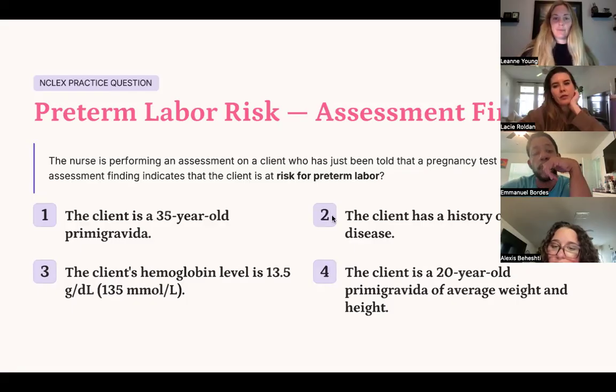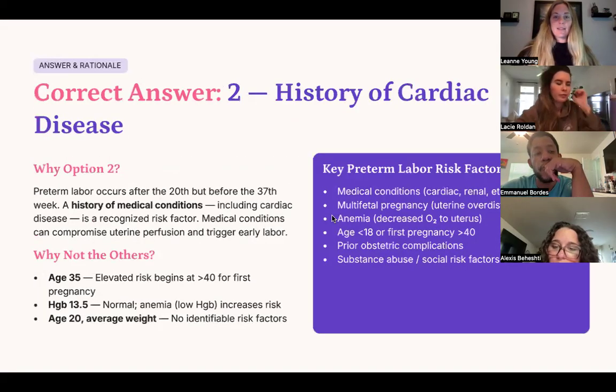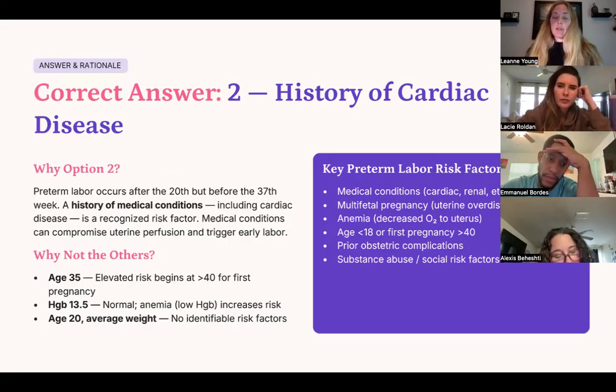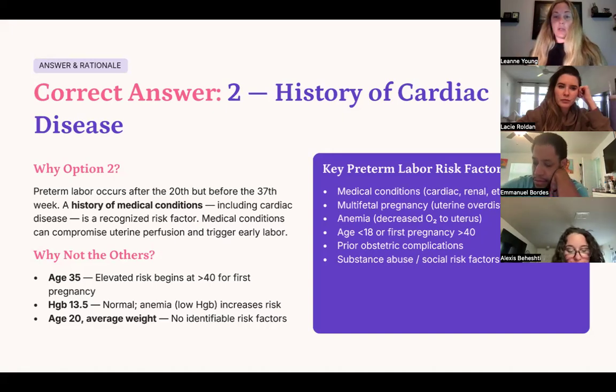B2. Yes, they have a history of cardiac disease. So preterm labor can occur after the 20th but before the 37th week. A history of any type of medical condition is a recognized risk factor. So this can compromise uterine perfusion and trigger early labor.